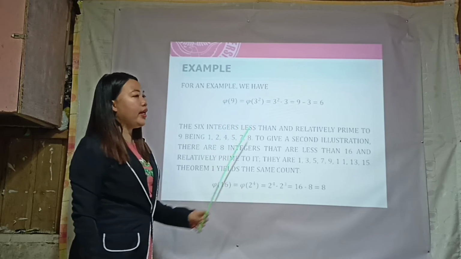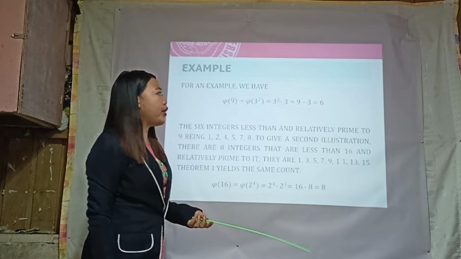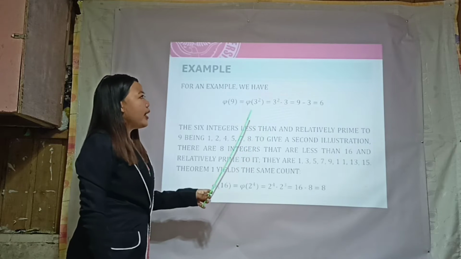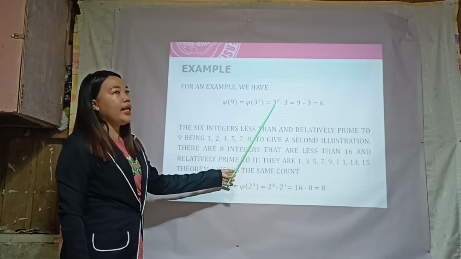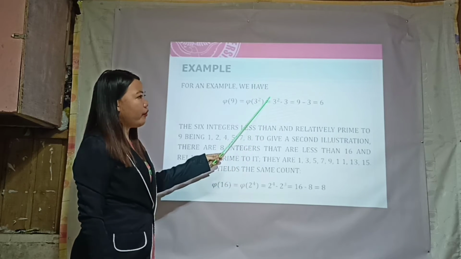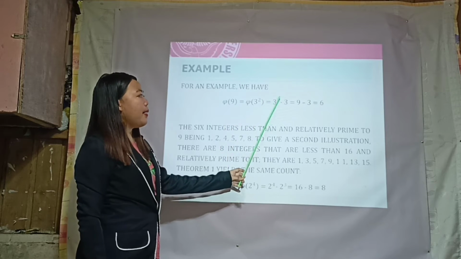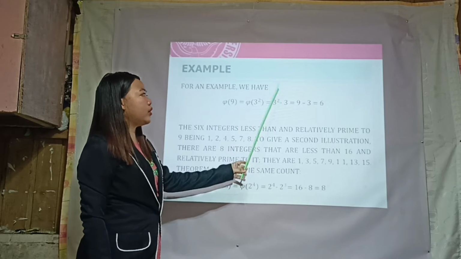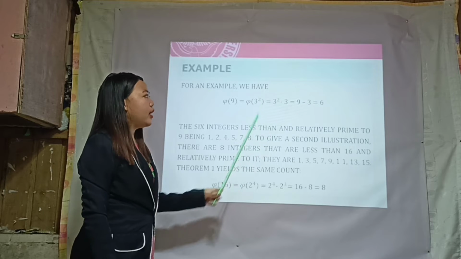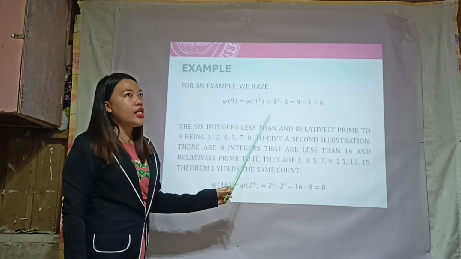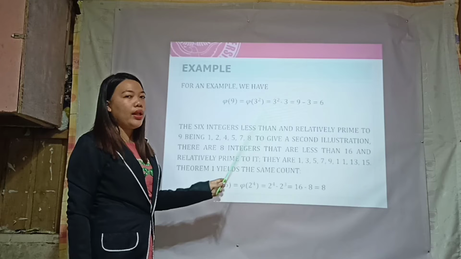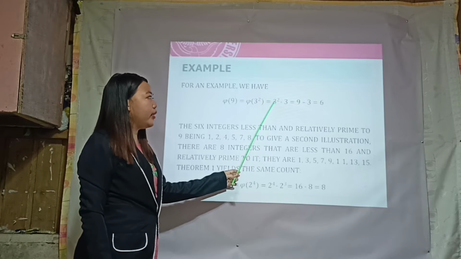So, as we go back to the formula, it is p raised to the power of k minus p raised to the power of k minus 1. So, the p raised to the power of k is equal to 3 squared.